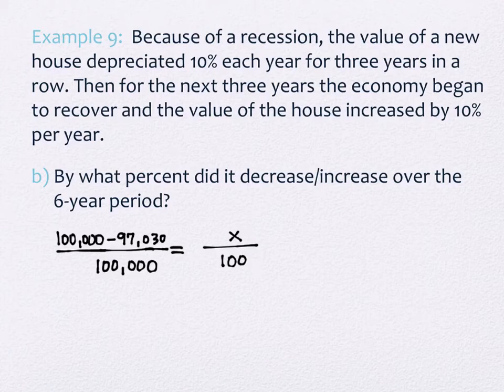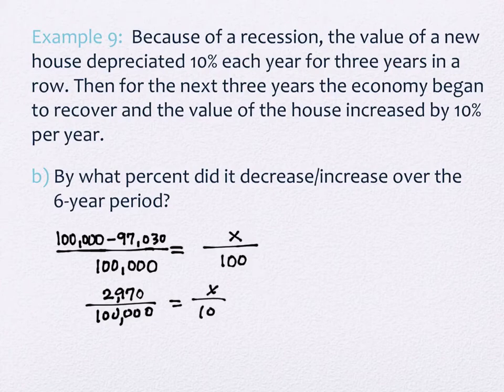Well, you can do the subtraction of the numerator, and if you do, what do you end up with? $2,970. Okay, there we go. Over my 100,000, x over 100, and I can cross multiply, right? So if I cross multiply, I have 2970, and then I've got two more zeros now.